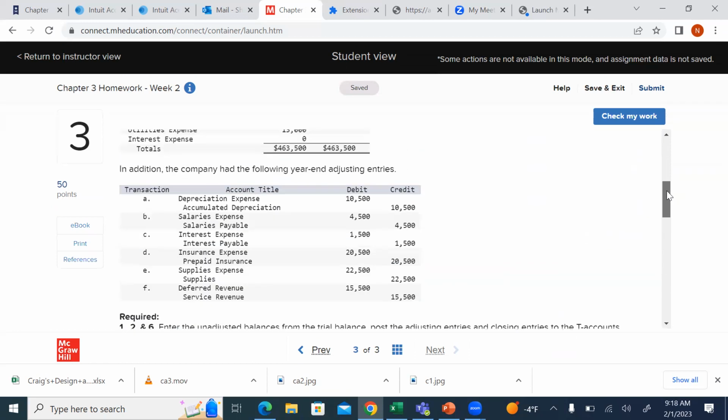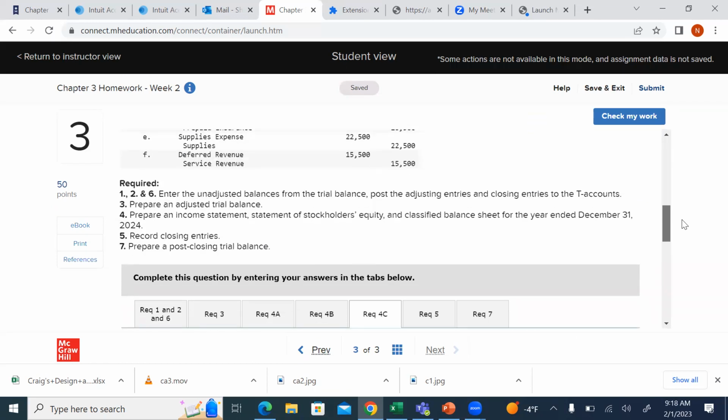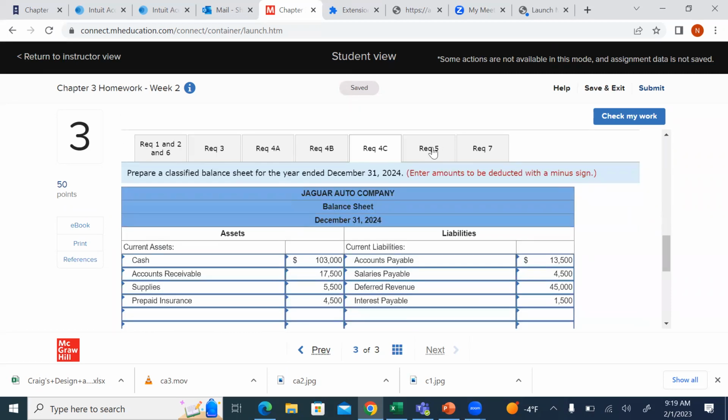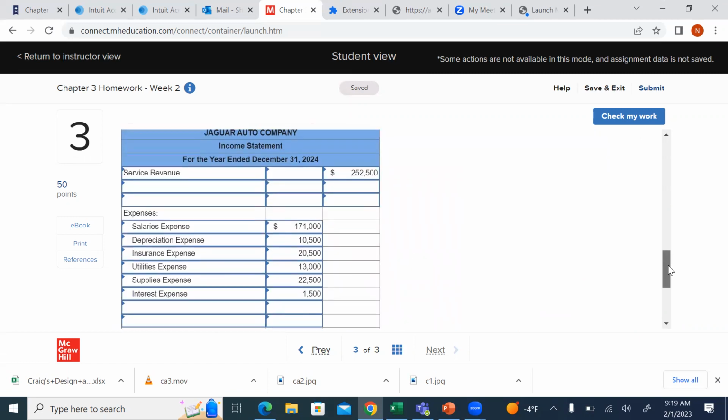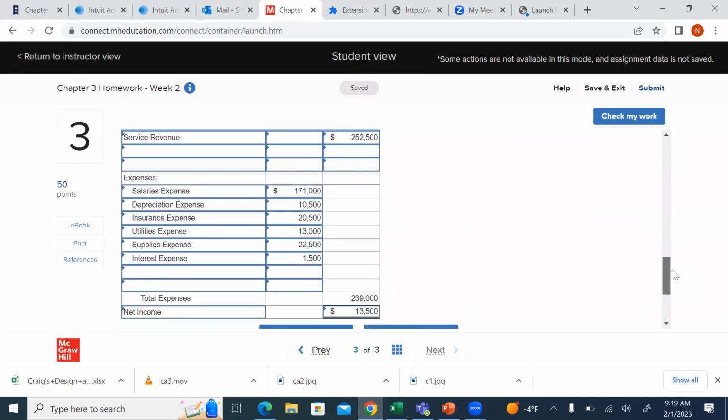Now, it asks us to record closing entries. What are we closing? We're closing everything on the income statement and we're closing the dividends. So the income statement, we will close all of these figures.